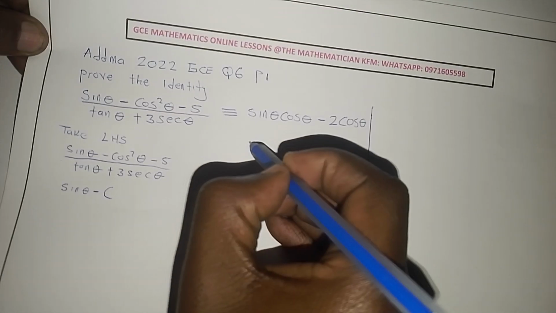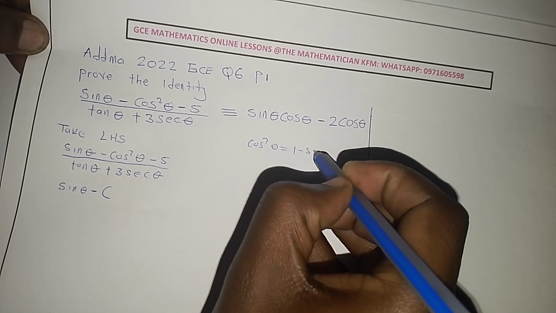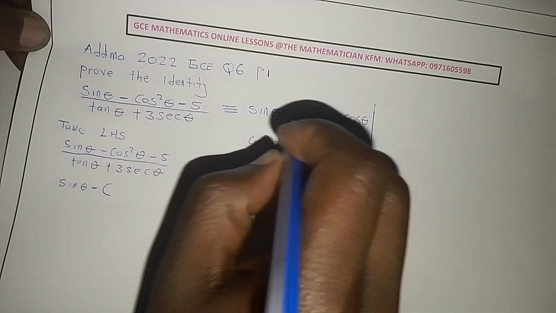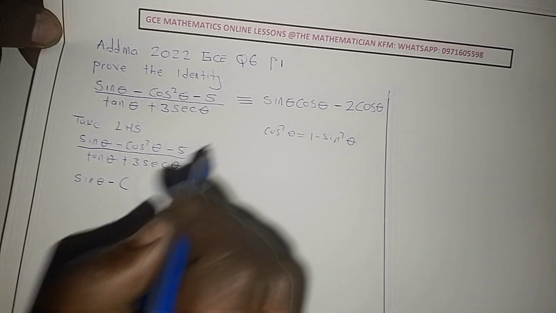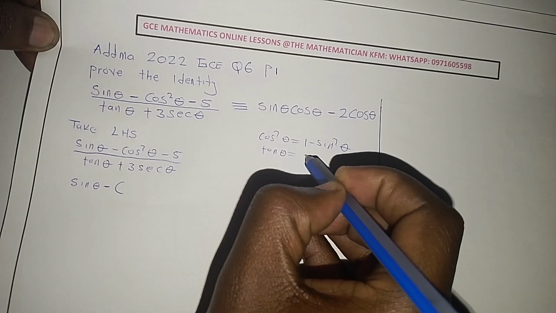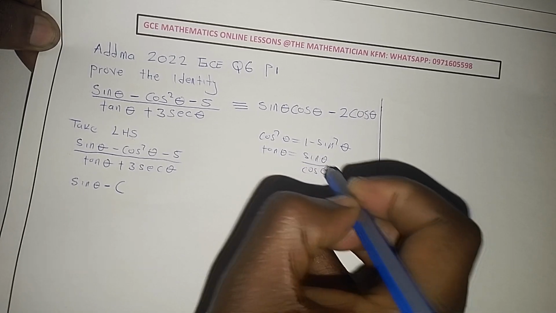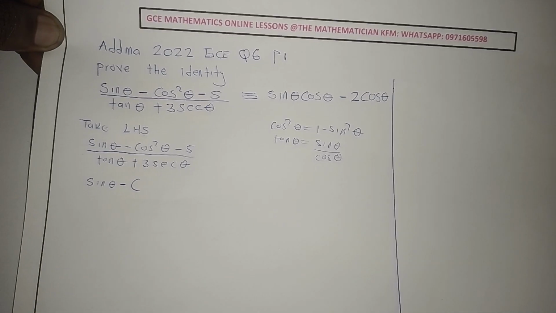Remember that cos squared theta is equal to 1 minus sine squared theta. You have to remember this. Also recall that tan theta is equal to sine theta over cos theta. So these can be replaced.